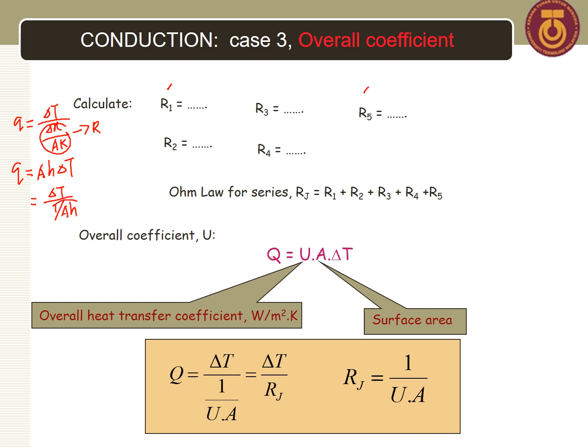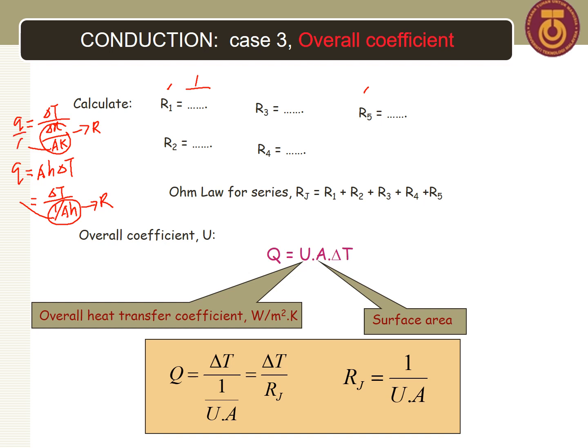So here, this is the resistance for convection. That's why for R1, the R is 1 over h, because here A, in our case the cross-sectional area, is constant. So that's why we take it out.